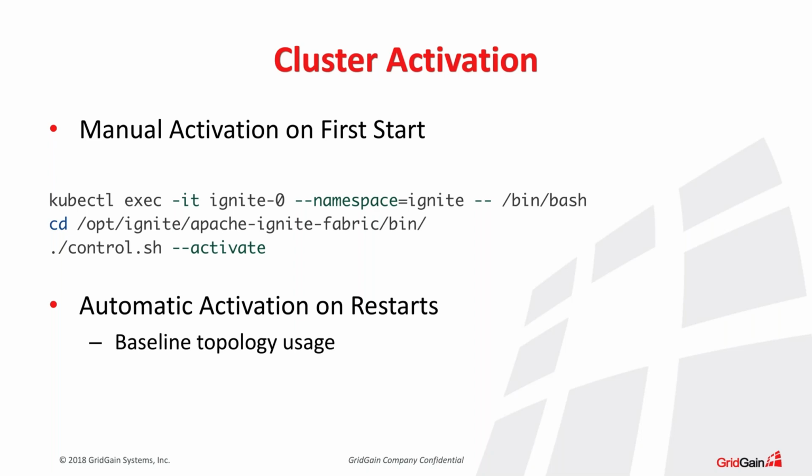It defines a set of nodes that are going to store data in Ignite persistence. And you can, for sure, change this baseline topology over time. You can expand it, or you can shrink it. You can scale in or scale out. But if your topology stays the same, you don't need to do any manual activations on restart.